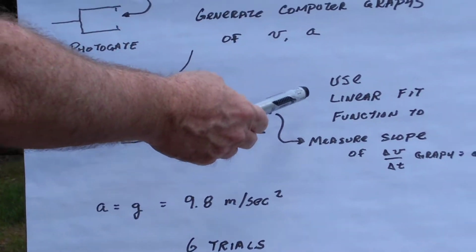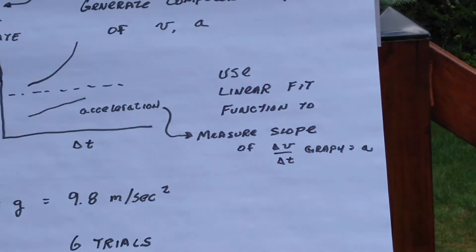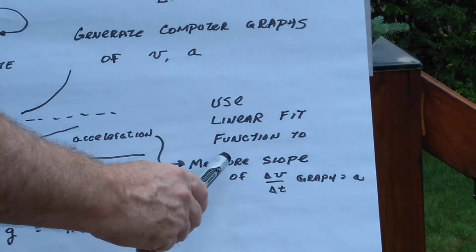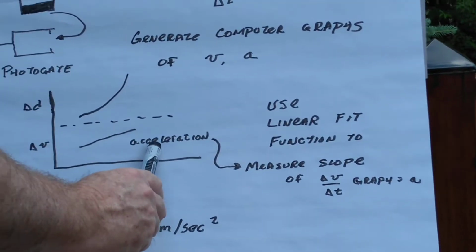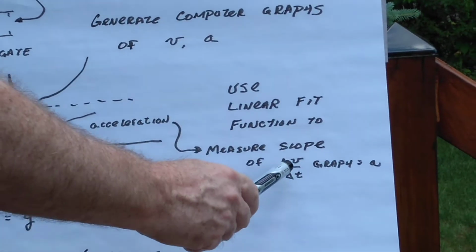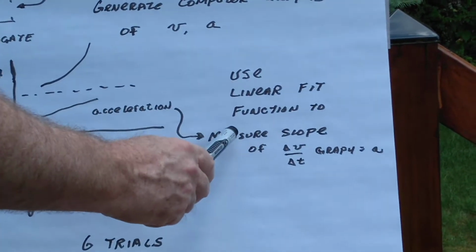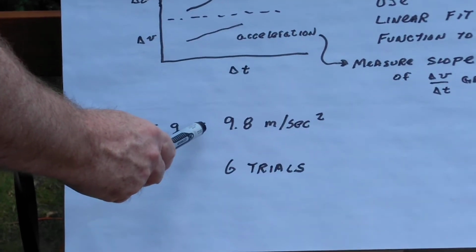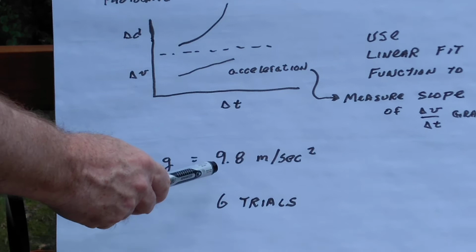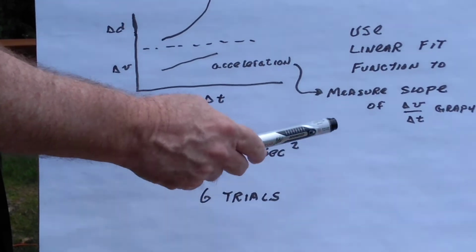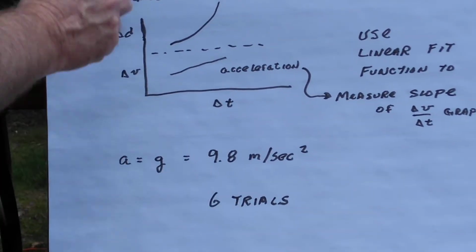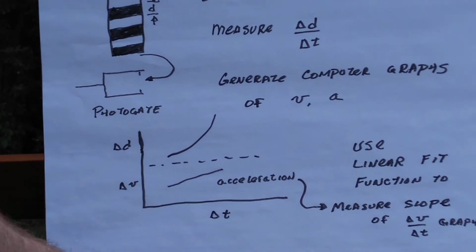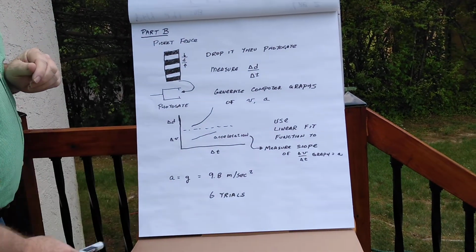And if we use the linear fit function of our computer program, that linear fit will tell us the slope of this line. And the slope of that acceleration line, the slope of delta v over delta t, is going to be the acceleration of gravity. And if it's done properly, we should get a number of about 9.8 meters per second squared. We're going to do this dropping of the picket fence through the photo gate 6 times to make sure we can replicate that number.